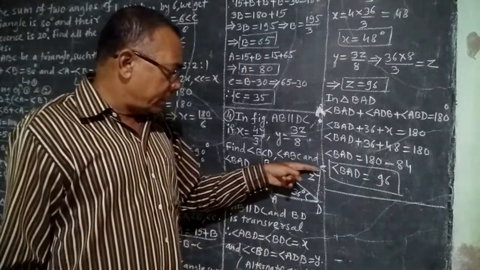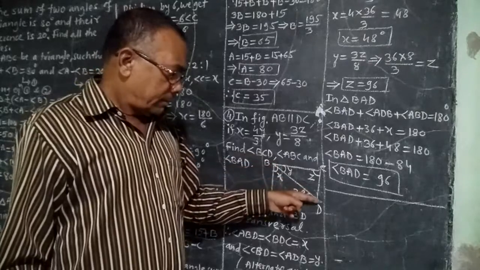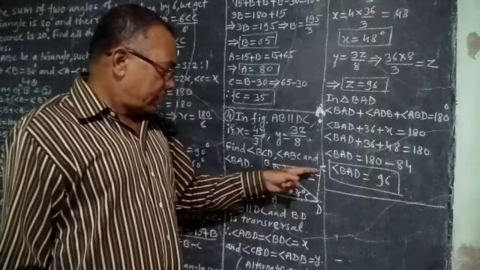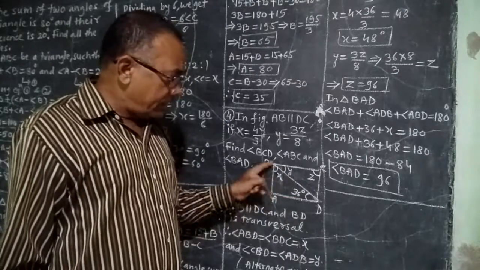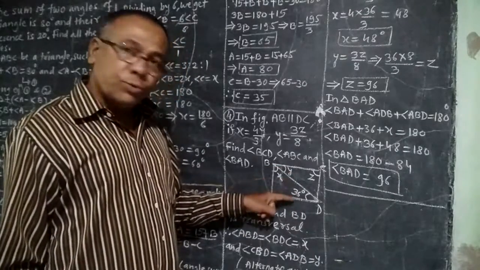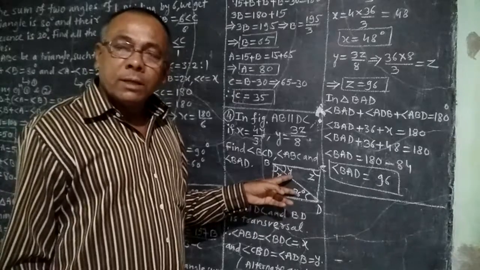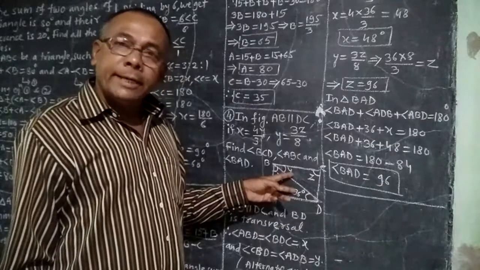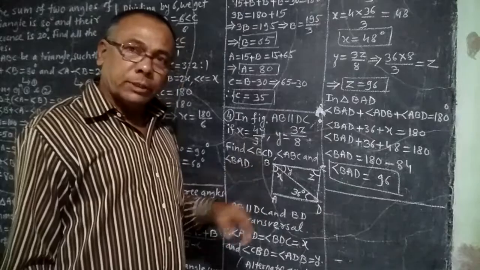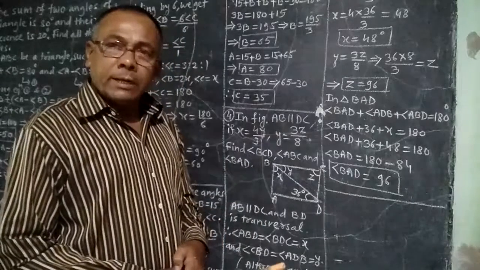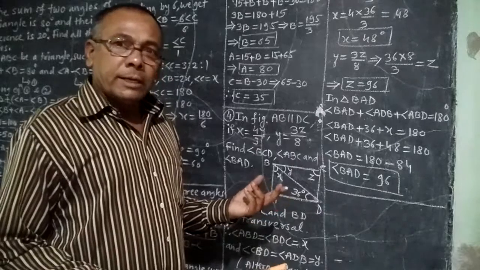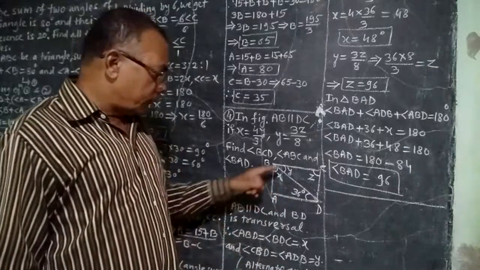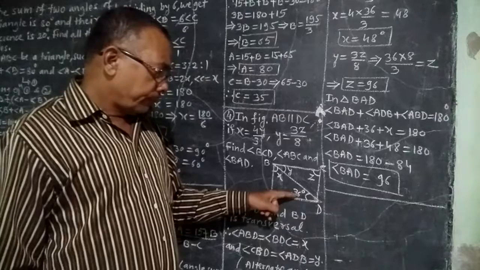Here angle CBD is y and angle ADB is 36. So y is equal to 36 because they are alternate interior angles formed due to the transversal of the two parallel lines, and we know that if two lines are parallel then alternate interior angles are equal, and therefore y is equal to 36.